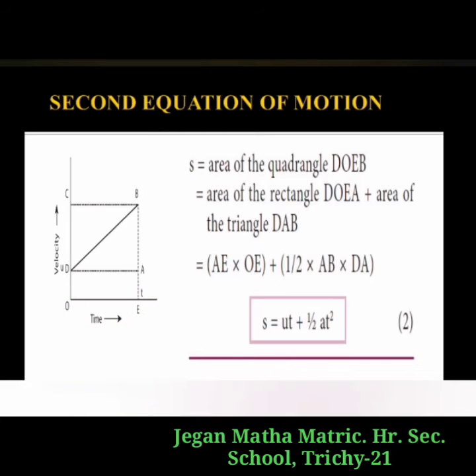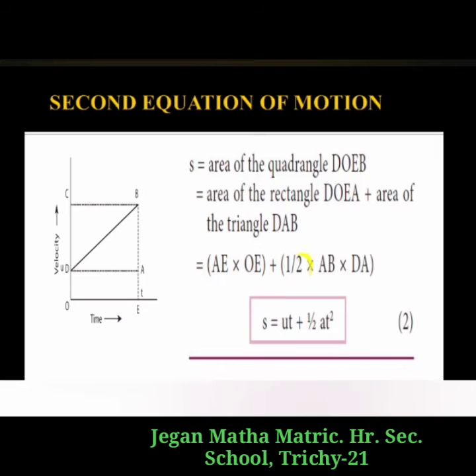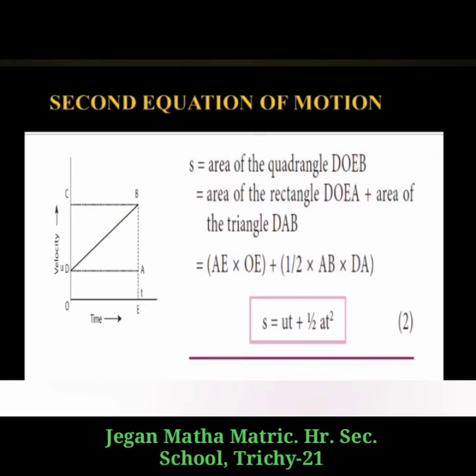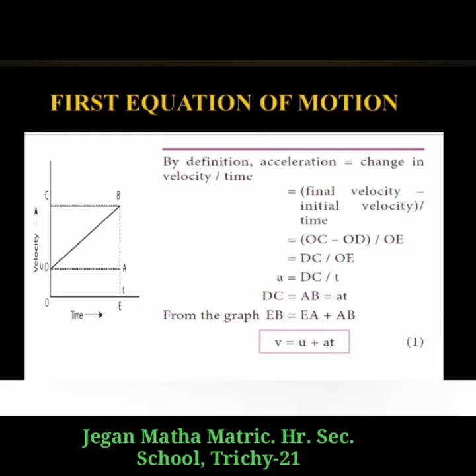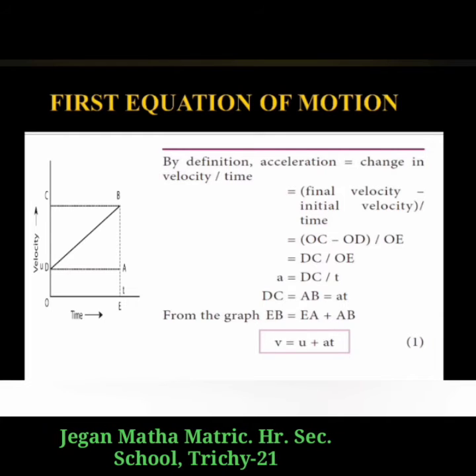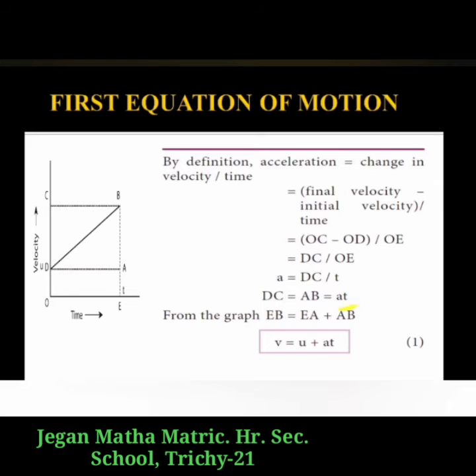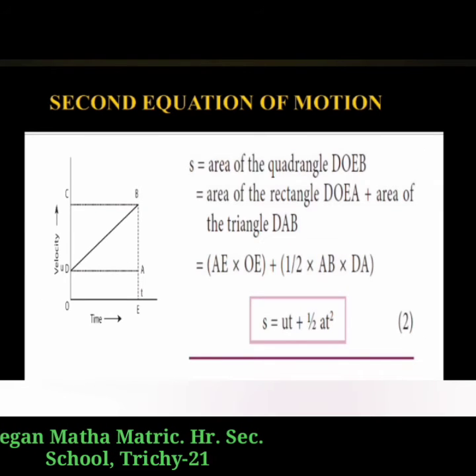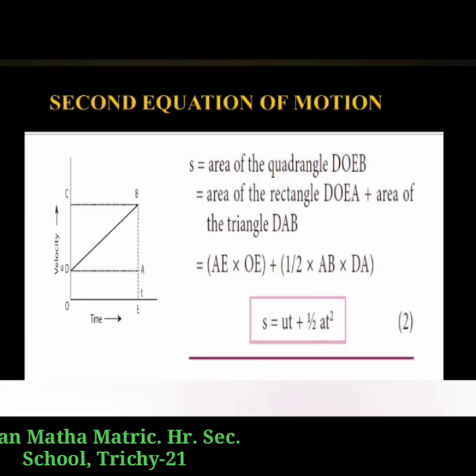So ut plus half AB. In the first equation we know that DC is equal to AB is equal to at. So instead of AB we are writing at, then DA.